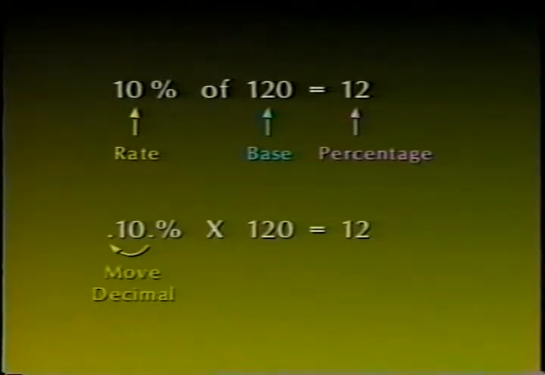In the graphic, rate is the percent figure, the base is the total quantity, and the percentage is the quantity of the percent of the whole. Thus, when computed, 10% of 120 is 12. Note that the decimal point in the percent is moved 2 decimal places to the left to yield the correct number for the percentage.